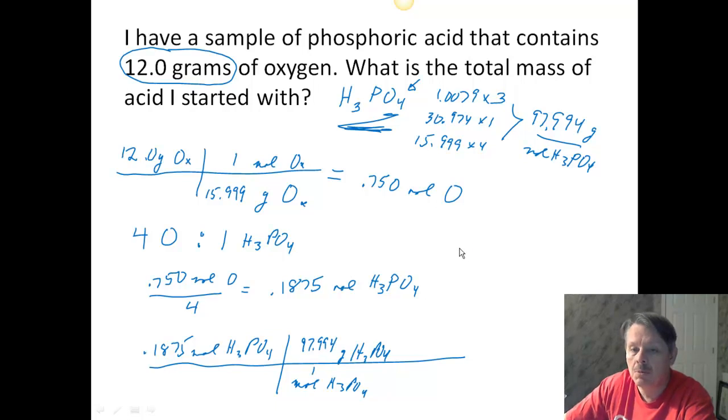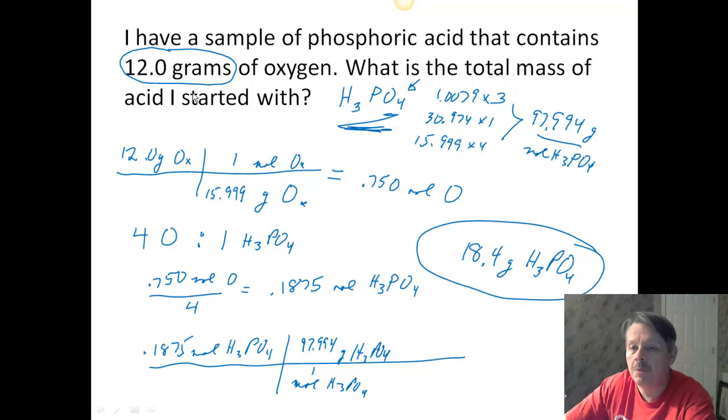When I multiply this out, I come up with 18.4 grams of H3PO4. Well, does that make sense? It's more than 12. So that kind of makes sense to me. So I think we probably have the right answer.